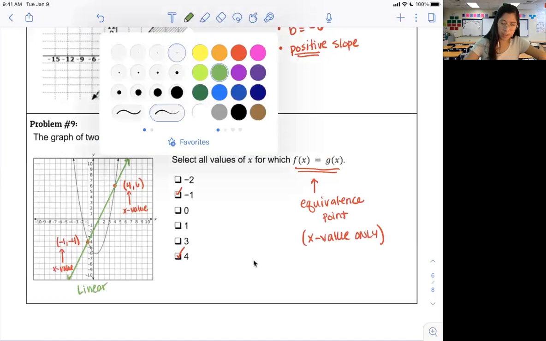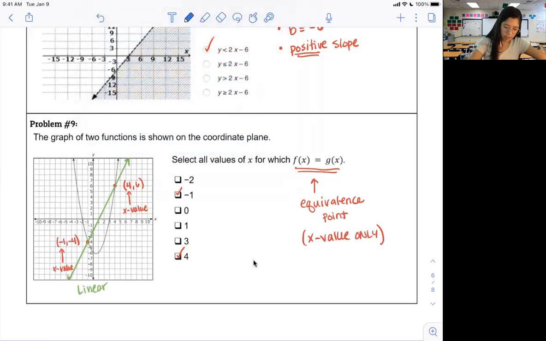And then the other one is in the shape of a what? It's a U shape, but it has a mathematical name. Parabola. Good. Okay, quadratic function intersecting with a linear function.